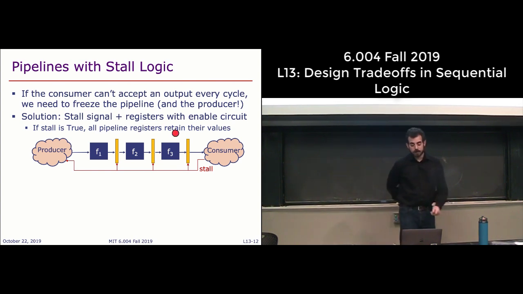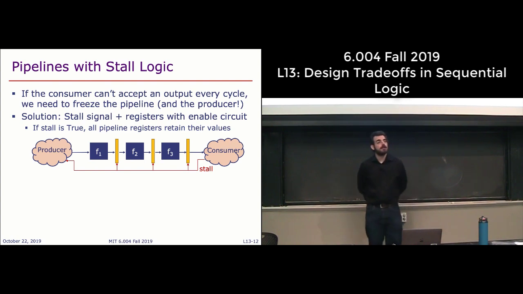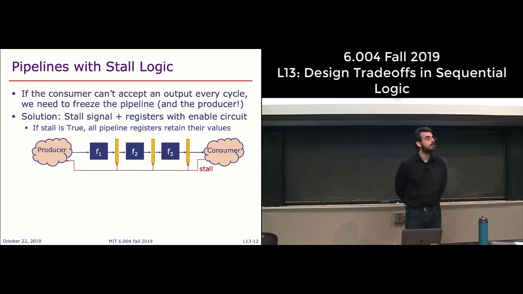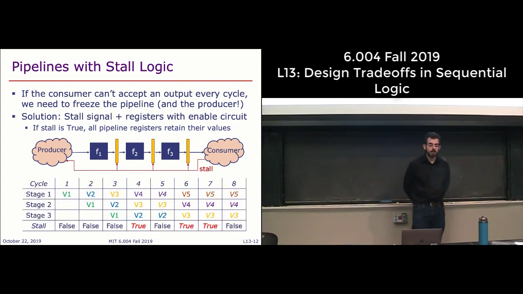So if stall is true, then this register does not take what's at its input, it just retains its current value. And so by just setting stall to 1, the consumer can freeze the whole pipeline and the producer for that cycle. So let's take a look at how this looks.